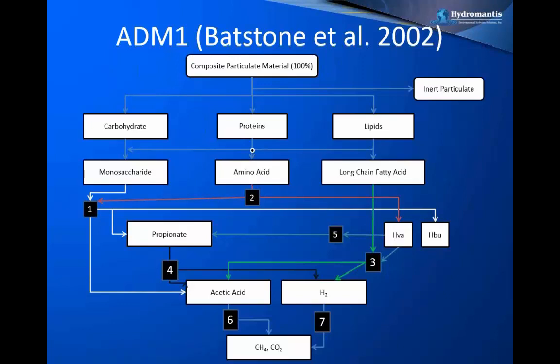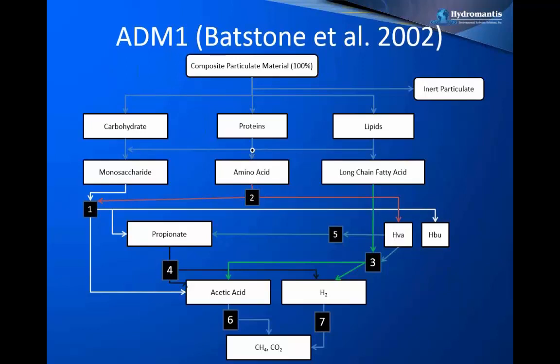That's one thing. So there are 7 number of species, and the second important point is that the material coming into the digester has been characterized from the perspective of whether it is carbohydrate, proteins, or lipids.